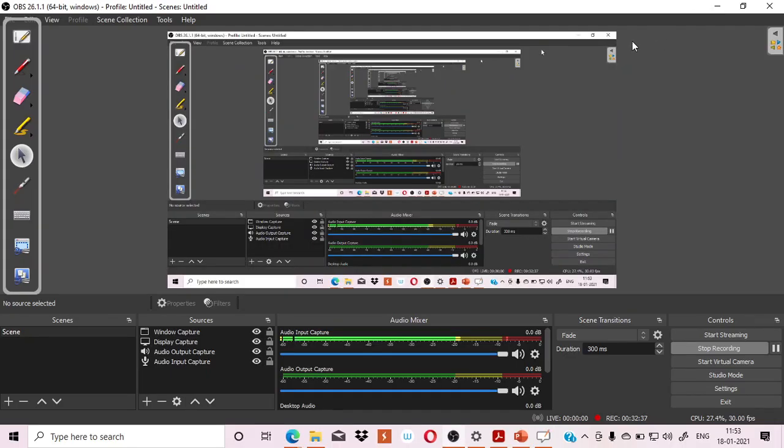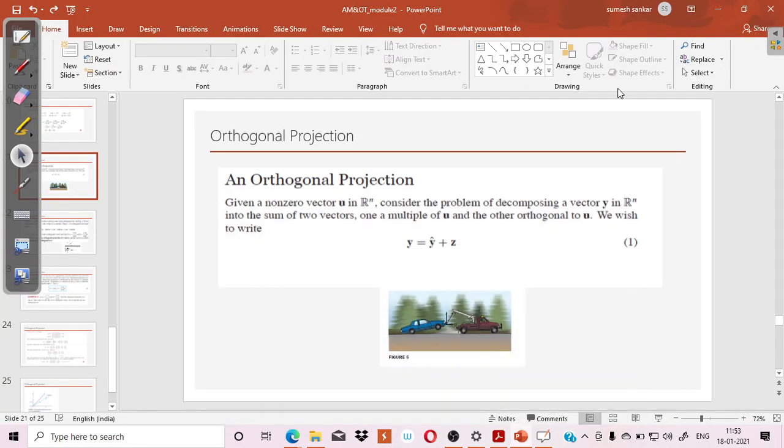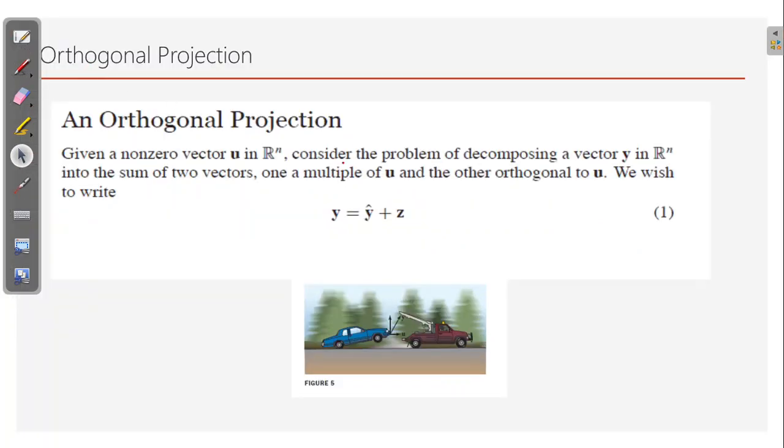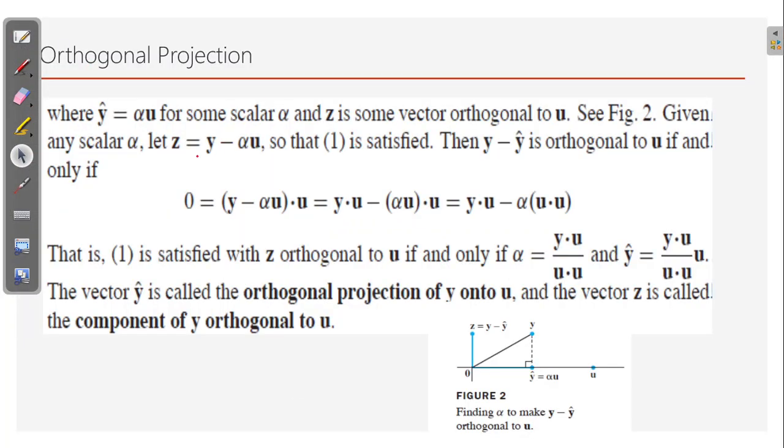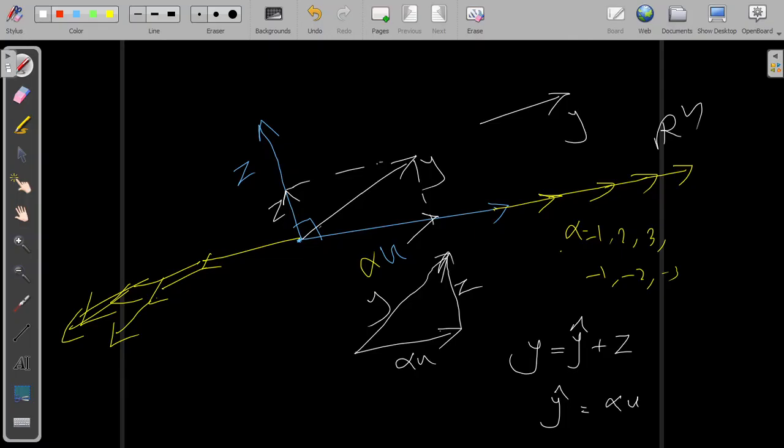How it happens, we will discuss in this session. Here, y cap is alpha u and z is some vector orthogonal, given the scalar alpha, like z equal to y minus alpha u.